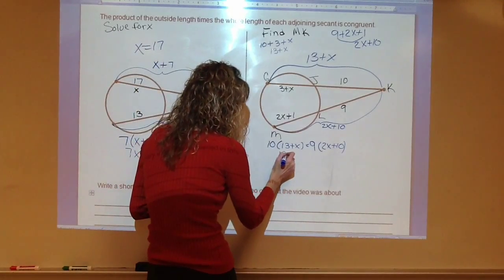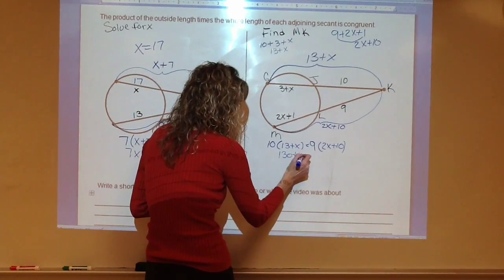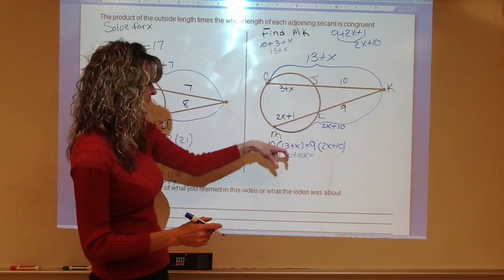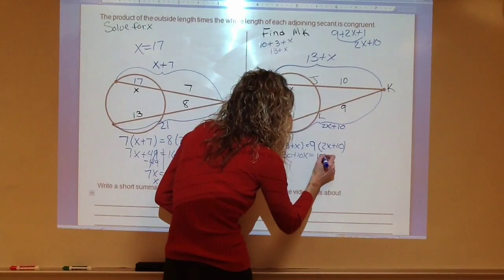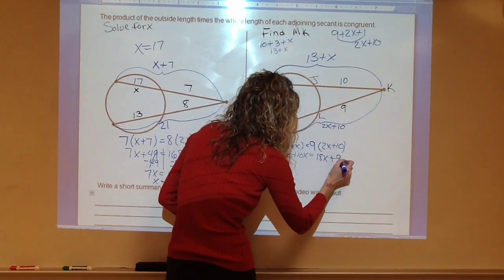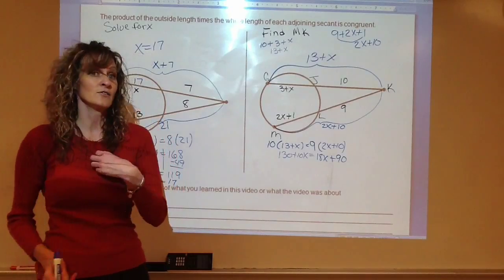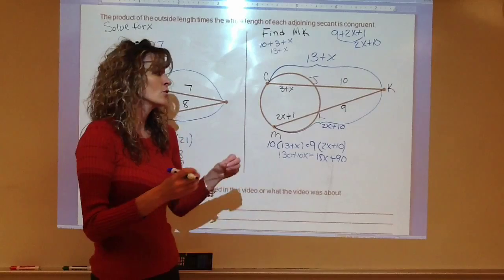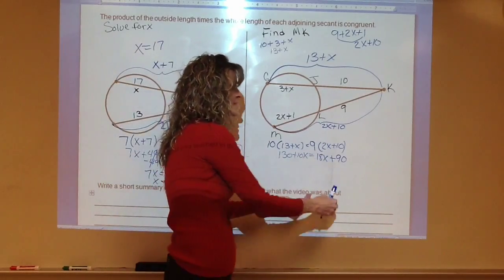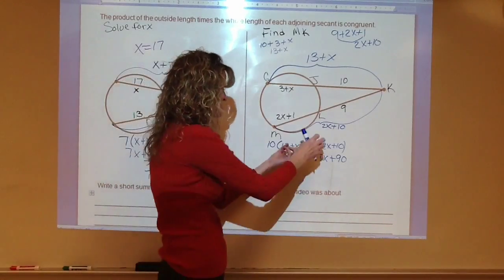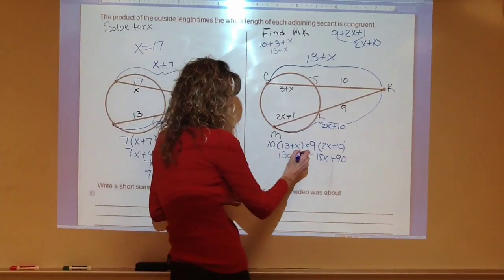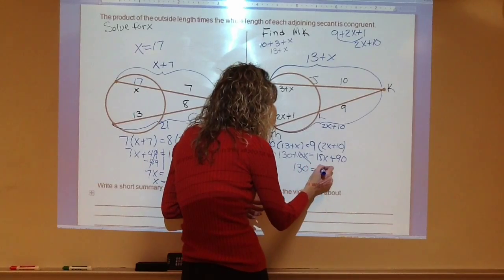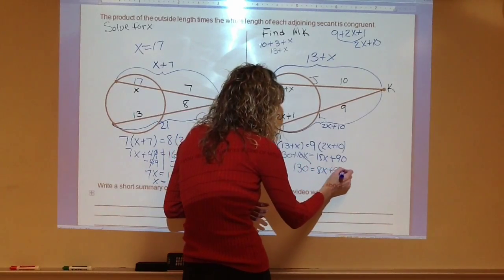So I'm going to get 130 plus 10x equals, I distribute that 9, 18x plus 90. Now the way I taught you guys is that we always subtract or get rid of or manipulate the smaller x because I have x's on both sides. So I'm going to subtract 10x off of both sides. It's going to make that go away, and I'm going to have 130 equals 8x plus 90.